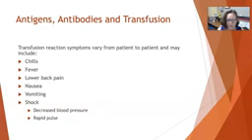So transfusion reactions are very important to identify. So the symptoms, which can vary from patient to patient, can include chills, fever, low back pain or flank pain, nausea, vomiting, and then shock, which is going to be evidenced by a decreased blood pressure and a rapid pulse.